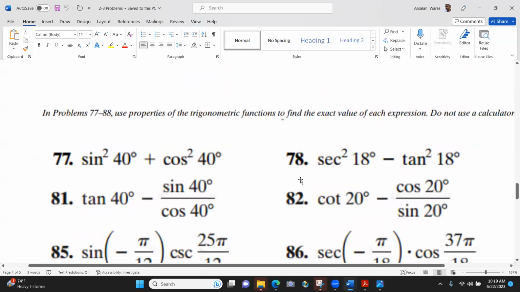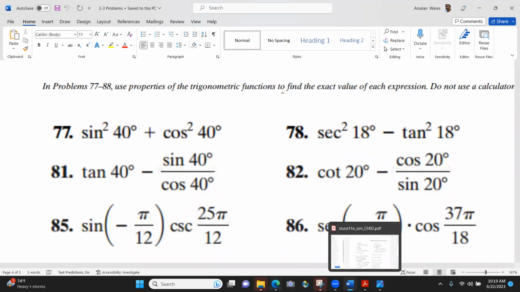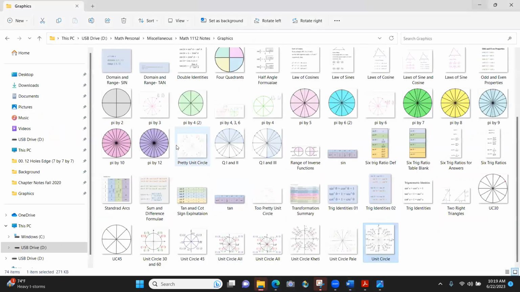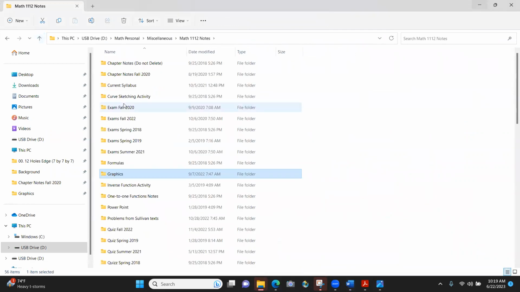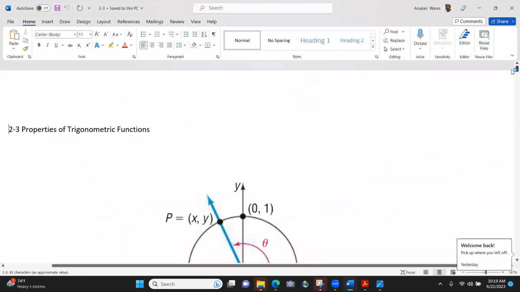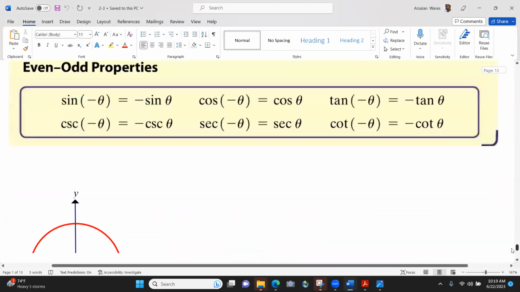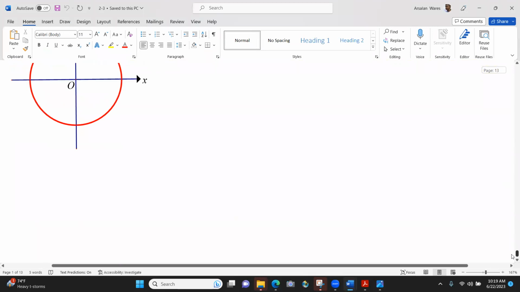Well, we said that adding 180 to the, let me go back to the old slide that we used yesterday. This is from section 2.3, and these are called periodic functions. And this is the odd even property we talked about today.